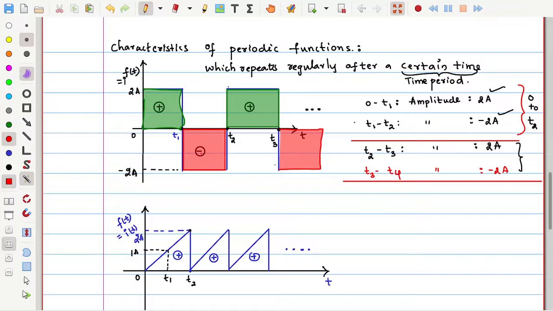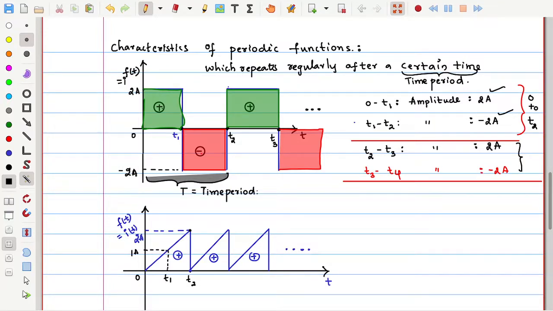Now try to observe for what time interval the pattern is repeating again and again. The green, red pattern is going to be repeated. How much duration does it occupy? It occupies from 0 to T2. From T2 onwards the same previous pattern is repeating. So this corresponding time interval we call the time period T. Usually we represent the time period with capital T.